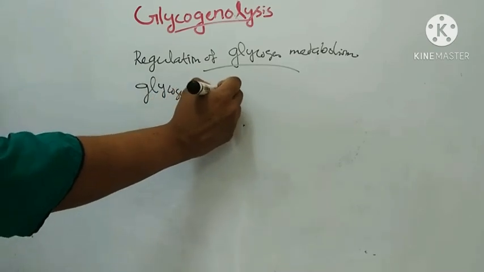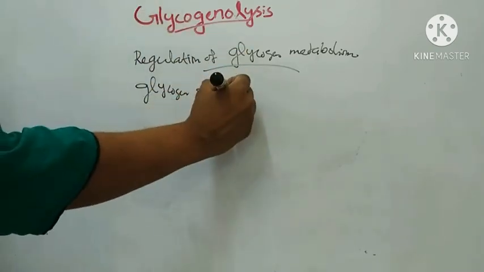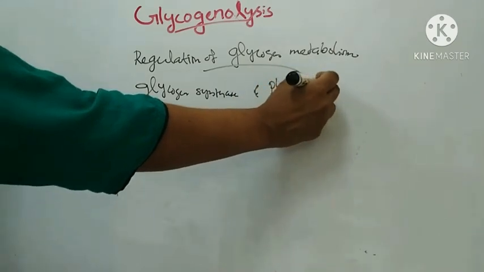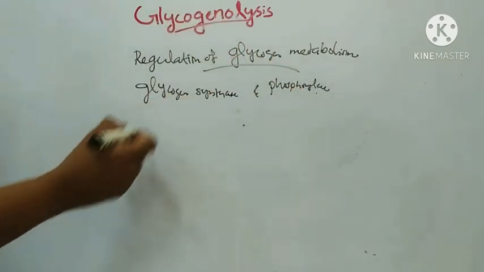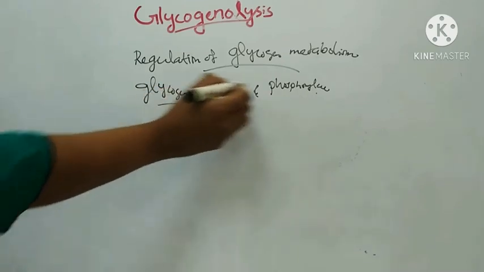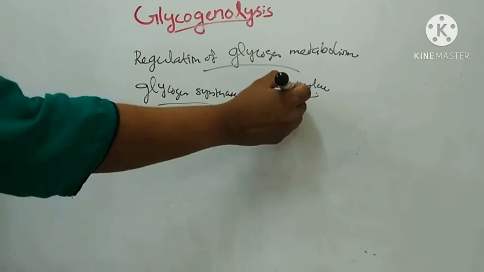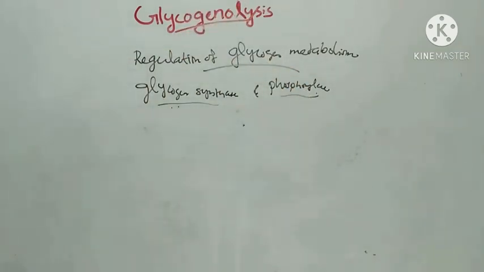Glycogen synthase is the enzyme in glycogenesis, that is glycogen formation, and phosphorylase is the enzyme in glycogenolysis, that is glycogen breakdown. So the regulation is achieved by a balance in activities between these two enzymes, either by substrate control, hormonal control or by end products.